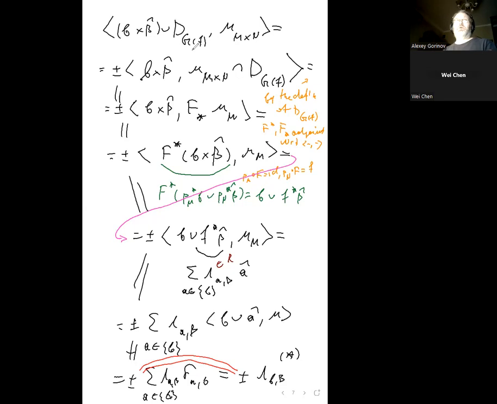Now I want to pair the elements of the basis with other elements of the basis, and this will allow me to express DGF in terms of the elements of the basis. Okay. Yeah. Thank you.